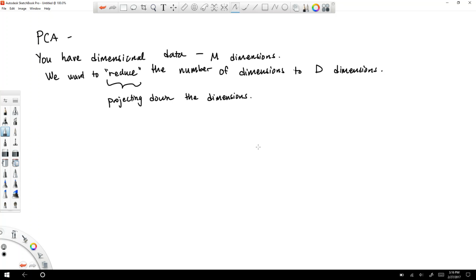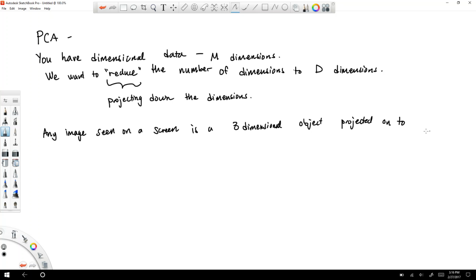So we experience this all the time, in that any image seen on a screen is a three-dimensional object projected onto two dimensions.